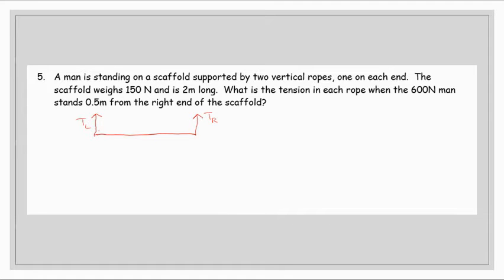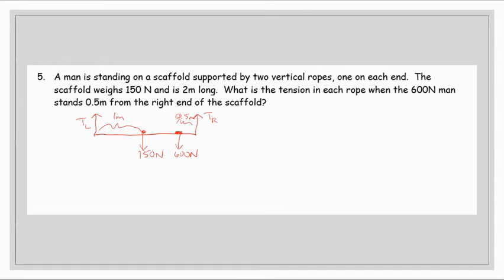And then at my 1 meter point, I have my mass times gravity, or my weight, which is 150 newtons. And then I have a 600 Newton man, and that 600 Newton man is at 0.5 meters.